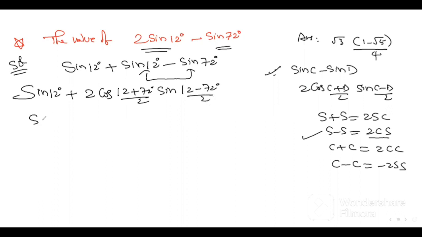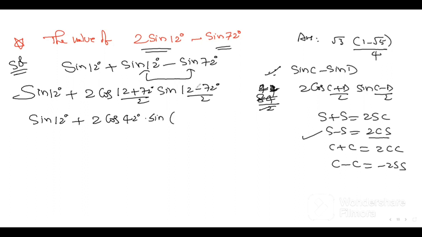So sin 12 degrees plus 2 cos((12 plus 72)/2). 12 plus 72 is 84, by 2 it will become 42. So 2 cos 42 degrees.